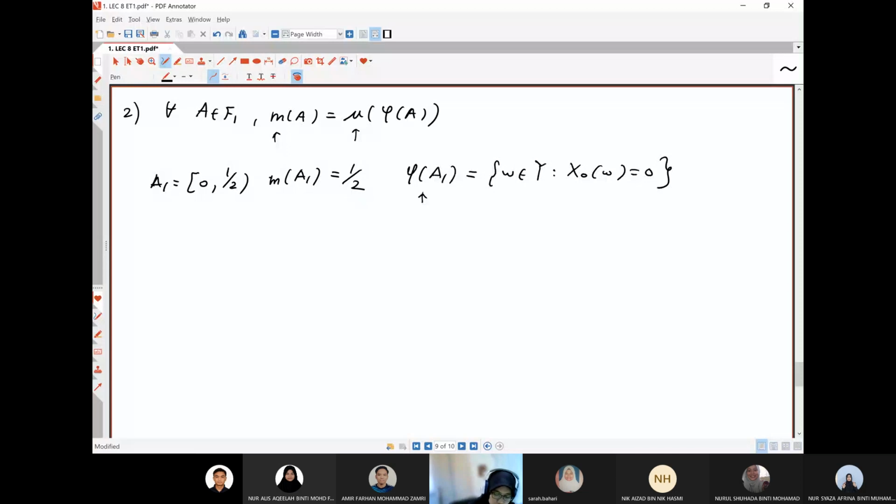So we have to use mu. mu of the image of A1 is equals to M of measure of the image of A1, which is equals to, kalau yang ni apa? Macam ni apa dia punya measure untuk this point? V0 kan? V0. Okay. So betul. Kalau M, so V0 is equals to 1 over 2 sebab M ni kita dah dapat tadi.